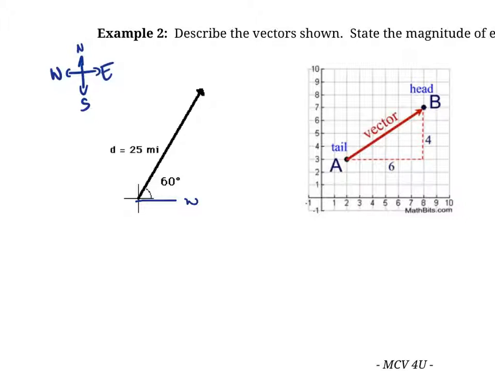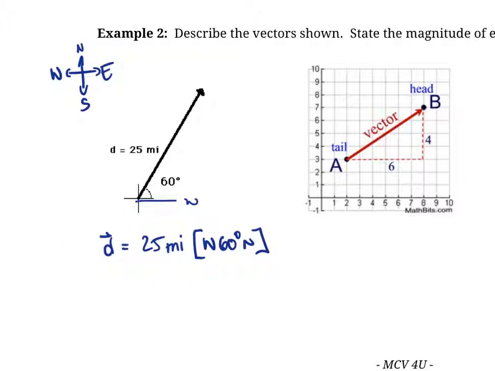So the way we describe this vector is we would call it D with the arrow on top because it's a vector, is 25 miles, and then the direction we always put in square brackets. And the direction, it's like we started going west, but then we ended up going 60 degrees north. So it's like we're starting off in the west direction, and then we're changing that direction by 60 degrees north. That's how we describe the direction there.